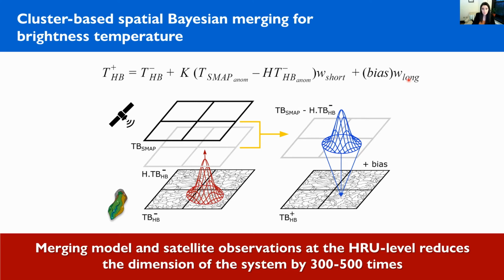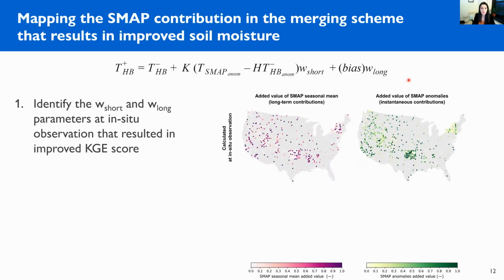So how did we estimate the W short and W long? To start, we accounted for the contributions of SMAP into the merging scheme, to define the contribution of the SMAP anomaly and the SMAP seasonal mean, or what we call bias. We iterated different combinations of W long and W short for each of 958 in situ observations across the US.